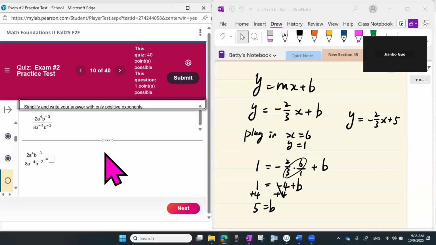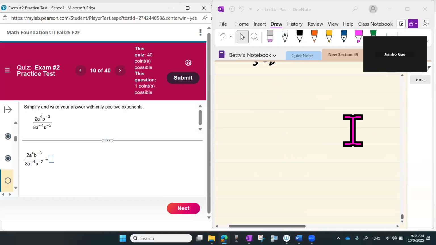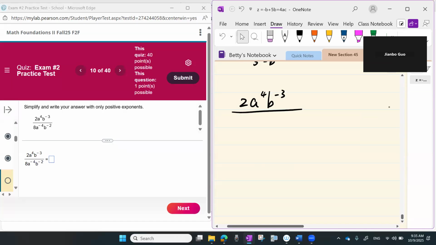Question number 10. Simplify and write your answer with only positive exponents. Okay, very good. So this one, 2a to the power 4, b to the power negative 3, all over 8a to the power negative 4, b to the power of negative 2.